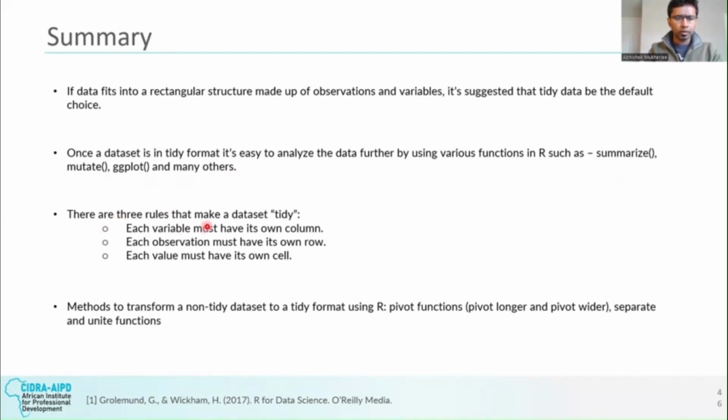There are 3 rules that make the dataset tidy. Number 1, each variable must have its own column, each observation must have its own row, and each value must have its own cell. Methods to transform a non-tidy dataset into a tidy dataset in R are using pivot functions, primarily pivot longer and pivot wider, and separate and unite functions.